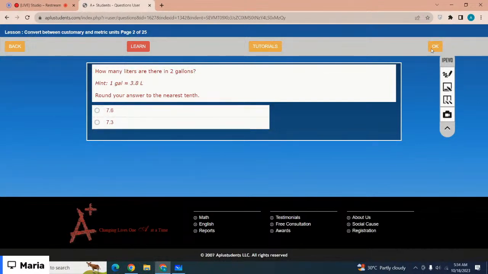Okay, the next one is how many liters are there in 2 gallons? And 1 gallon equals 3.8 liters. So which is the correct option?